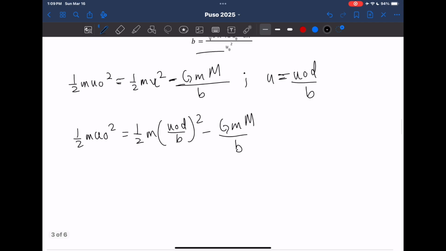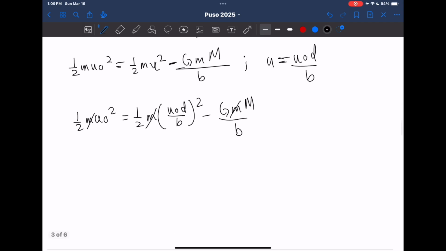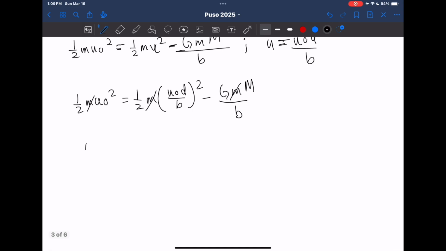Right, now quickly we're going to get rid of these m's, just to get that out of the way. And then we have 1/2 u naught squared is equal to 1/2 u naught squared d squared over b squared minus g over b.